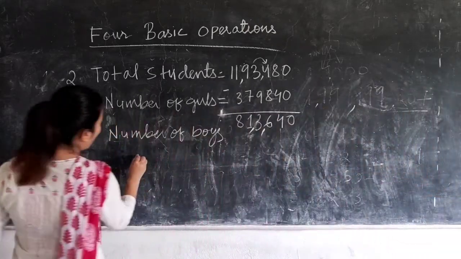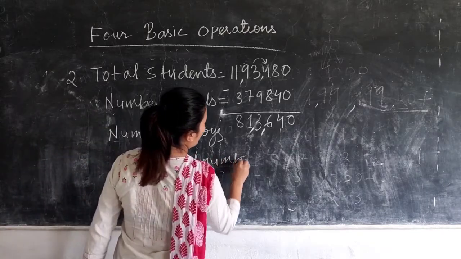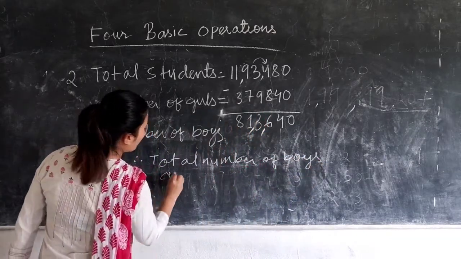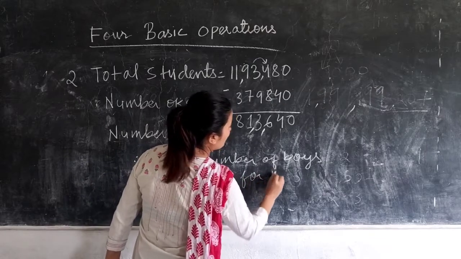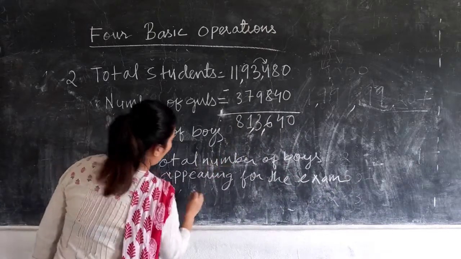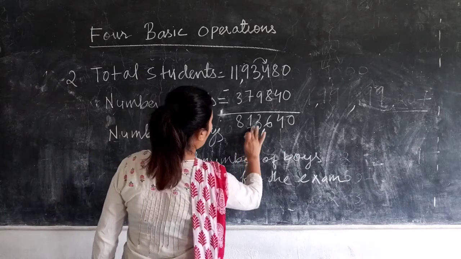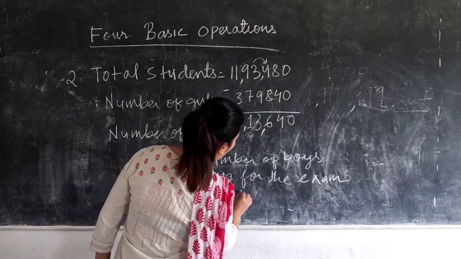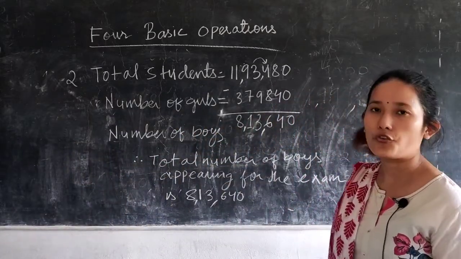Therefore you will write: total number of boys appearing for the exam is 8,13,640. Okay, 8,13,640 would be your answer.